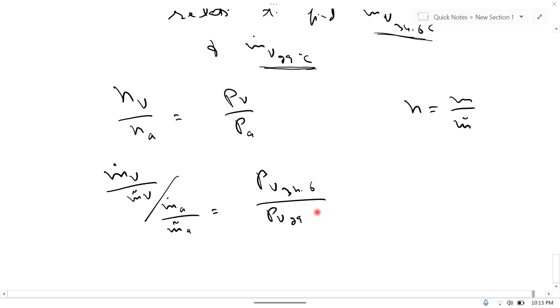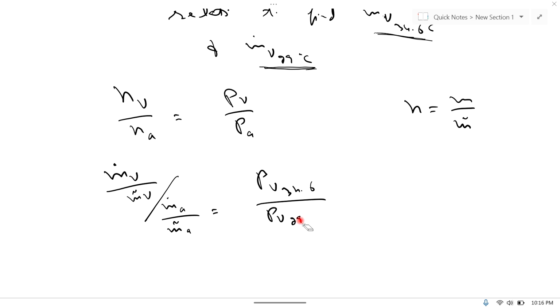Now put values here to find the m dot V at 34.6. PV divided by PA.